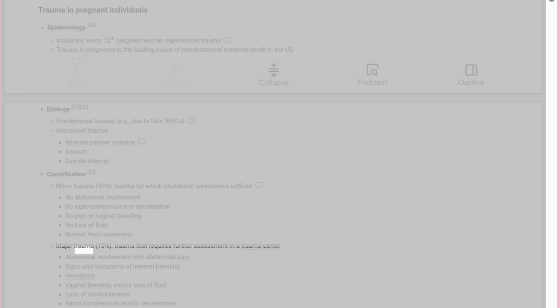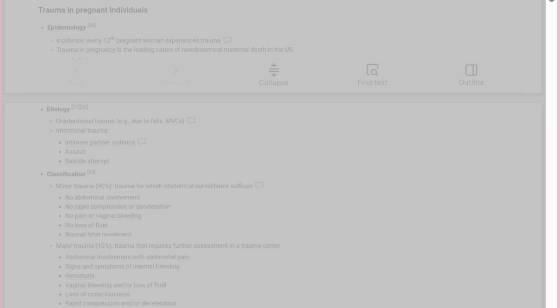Major trauma, 10%, requires further assessment in a trauma center: abdominal pain, signs and symptoms of internal bleeding, hematuria, vaginal bleeding and/or loss of fluid, loss of consciousness, rapid compression and/or deceleration, decreased fetal movement.